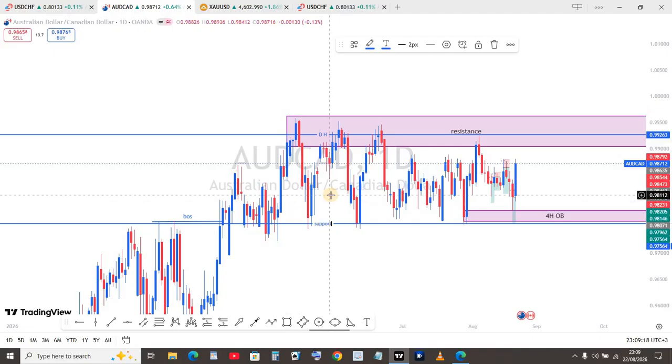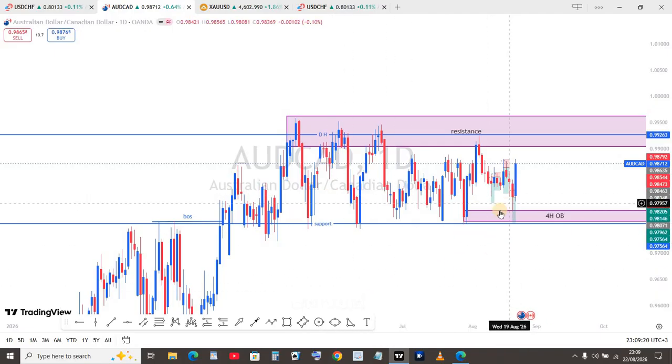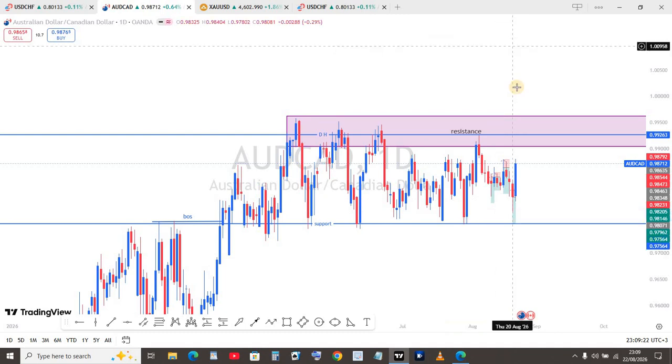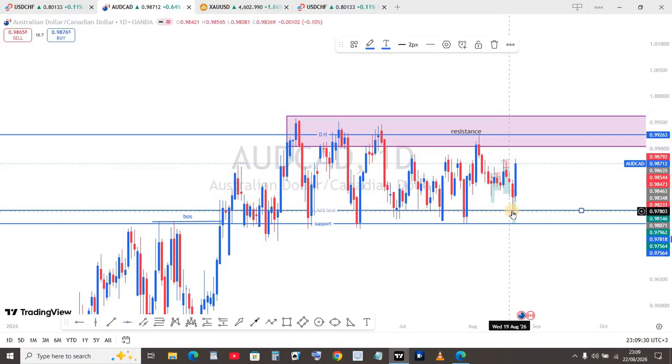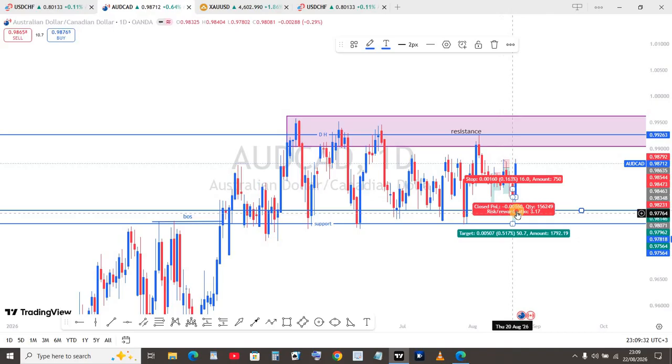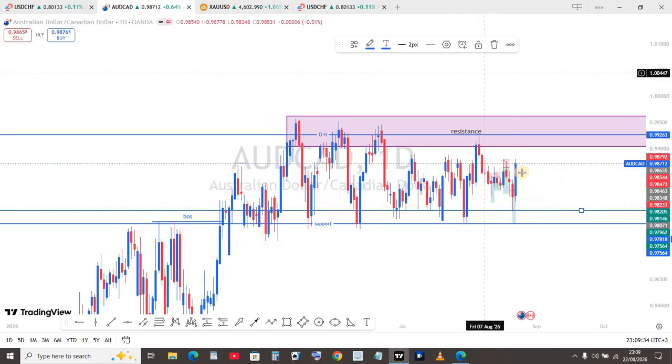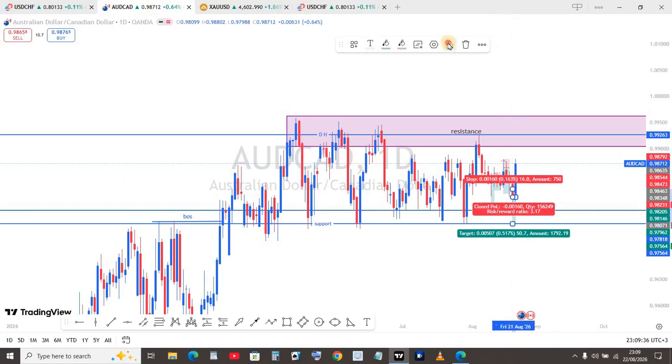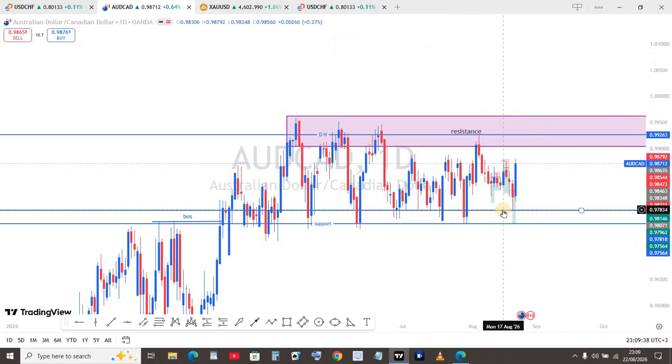This is our support area, and we also have a daily low, because this is the last bearish candlestick to appear before the bullish.